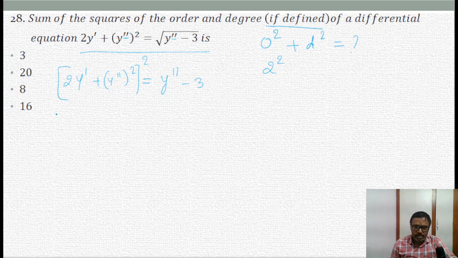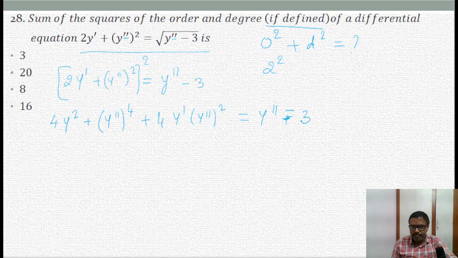Now I expand this. Now we will get 4y dash square plus y double dash whole square, that will give you power 4, plus 2 into 2, 4 y dash into y double dash whole square is equal to y double dash minus 3.